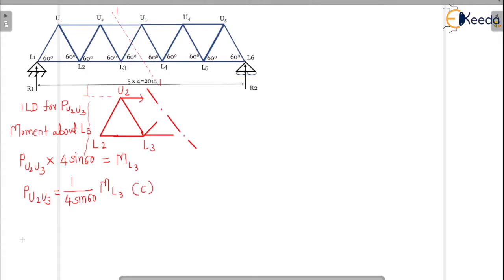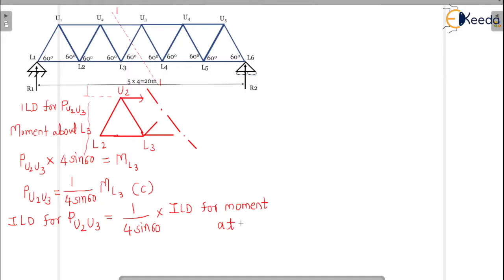Now what is the ILD for this member? ILD for P of U2 U3 is equal to 1 by 4 sine 60 into the ILD for moment at L3.